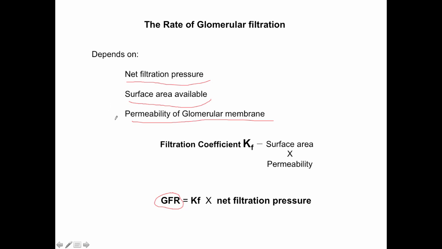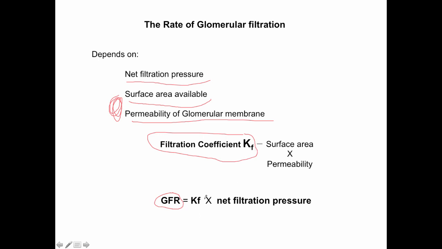So in a healthy individual, they should have a pretty predictable surface area and pretty predictable permeability. Sometimes these two factors are collapsed into a single constant called the filtration coefficient, because in a healthy person this filtration coefficient, or K sub F, is a constant value.